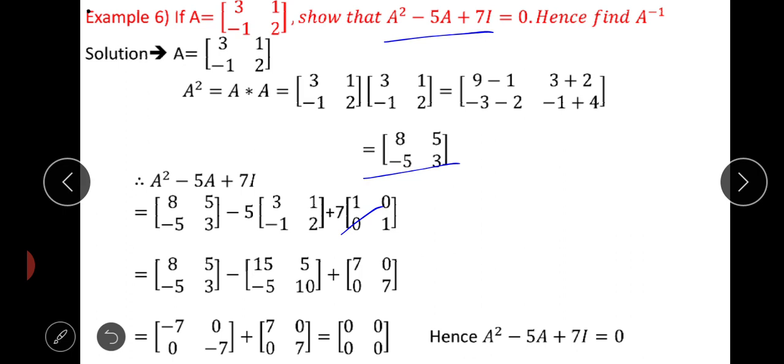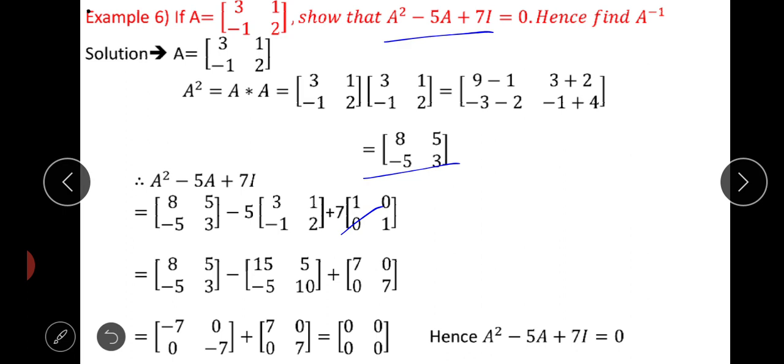Now, how to solve this one? Yes, 8 minus 15 plus 7. You can add first by using BODMAS rule, otherwise you can simplify and get the same answer. 8 minus 15 plus 7 is 0.